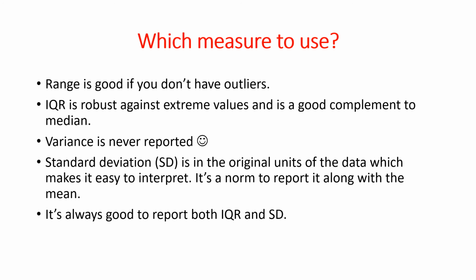So if you don't have outliers in your data and you're going to report mean as the measure of central tendency, you need to report a standard deviation as well, because standard deviation, I would say, is the most popular measure of variability. So if you report mean, it's also a default or a standard to report standard deviation as well.